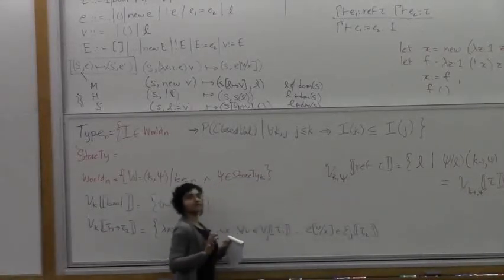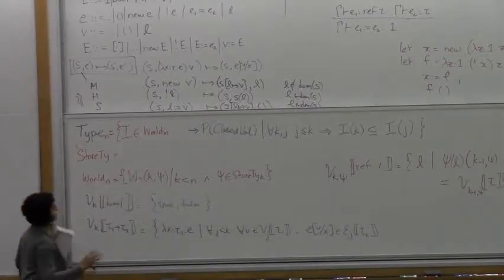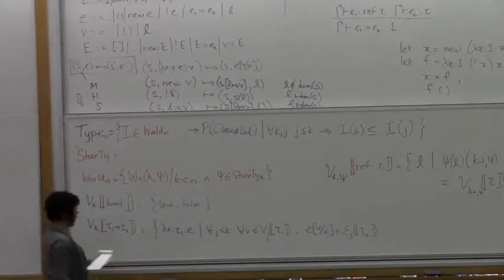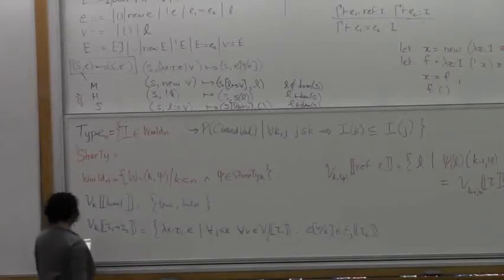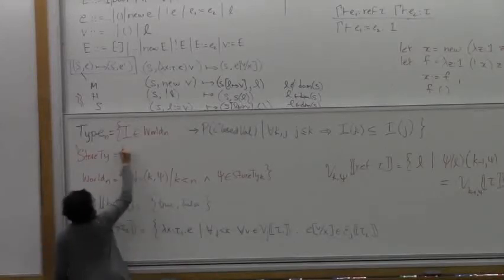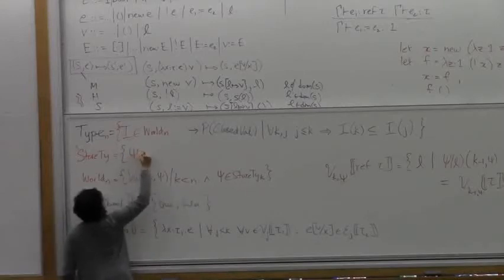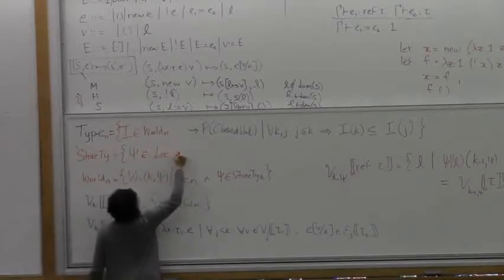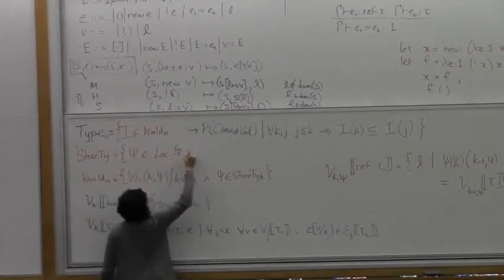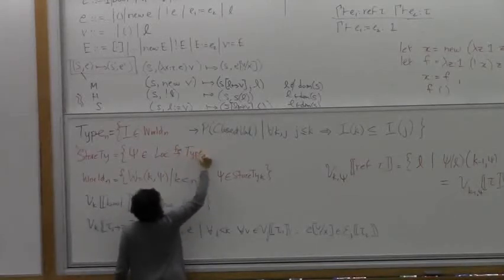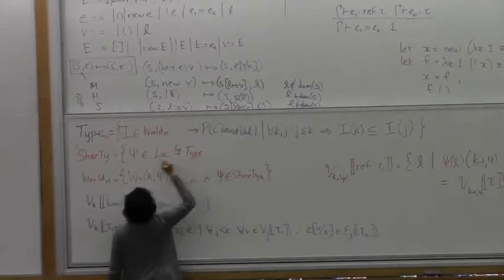It's not correct, but let's just get our meta-level types right. And we want to say that a store typing, as before, is a finite map from locations to types, but just like I wrote in the equation there, we want store type n to be drawn from type n.